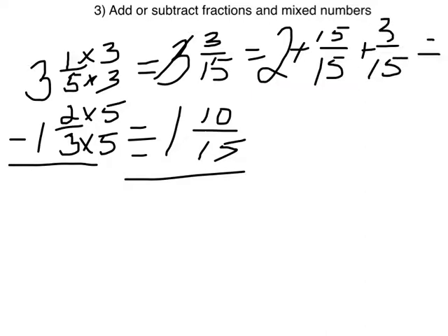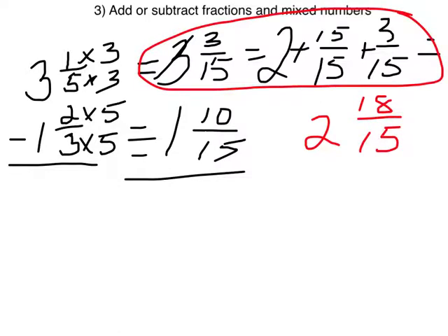So this equals 2, and add our numerators, 15 and 3, 18/15. That skill we just did here is called ungrouping. It's going to be on the test, and it's a skill everyone's still struggling with.